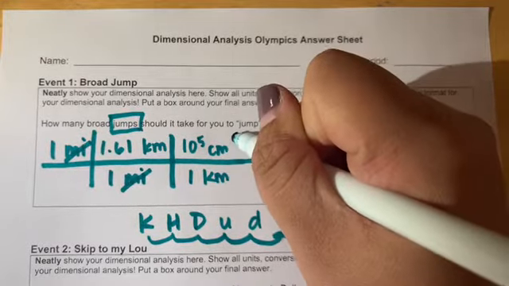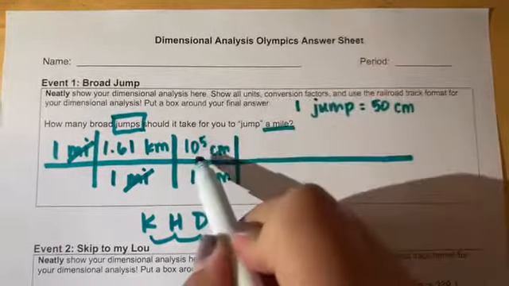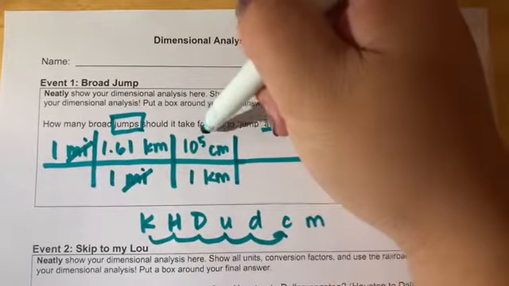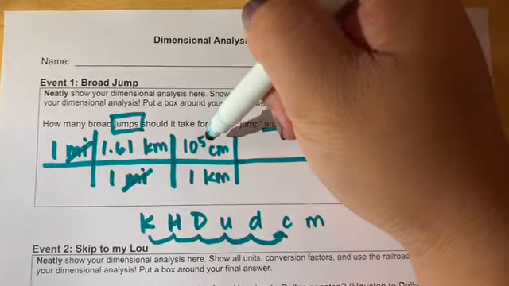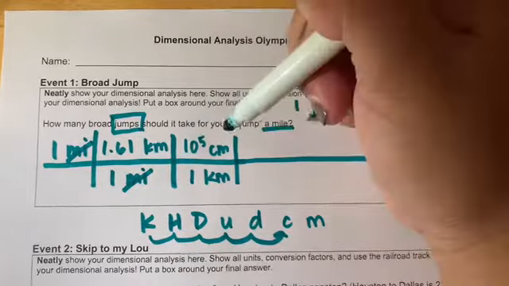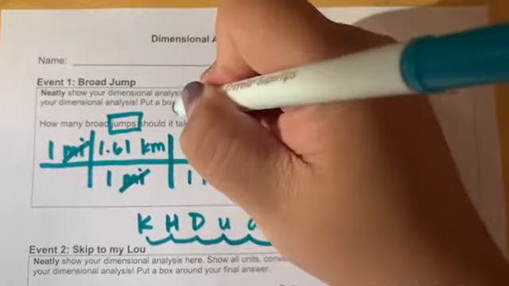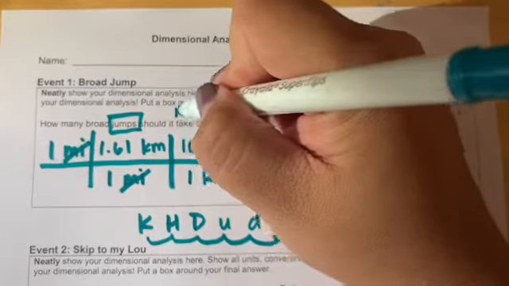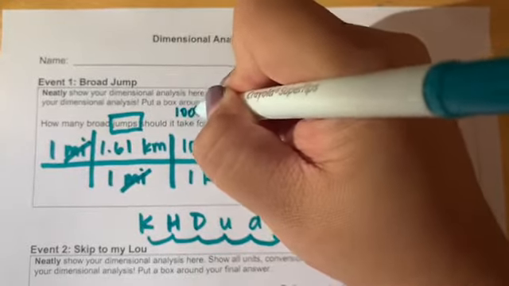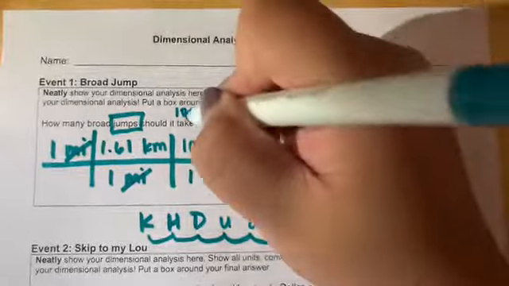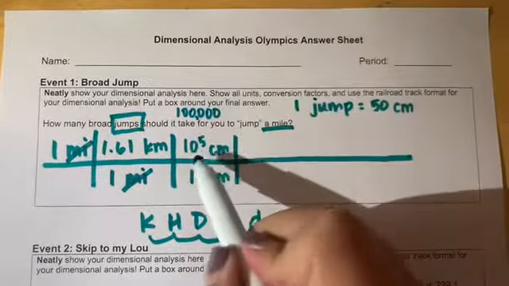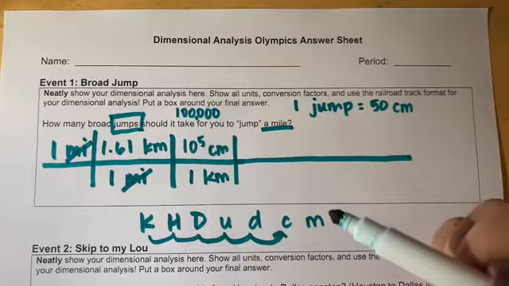Remember about your exponents: the number 5 tells you how many zeros you have after that 1. Just a little hint. So 10 to the 5th is really 1, 2, 3, 4, 5 zeros, which is 100,000.